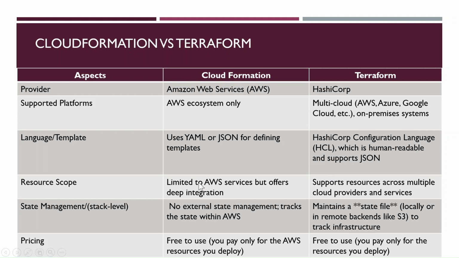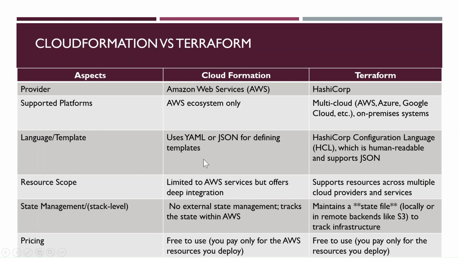CloudFormation is limited only to the AWS services, but it offers deep integration between them. But Terraform supports resources across multiple cloud providers and services like AWS, Azure, Google Cloud.